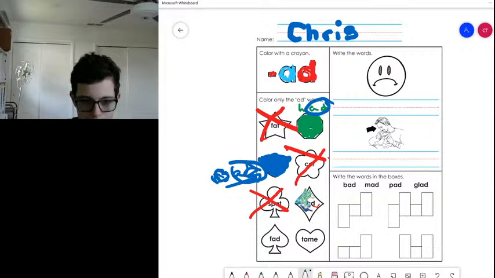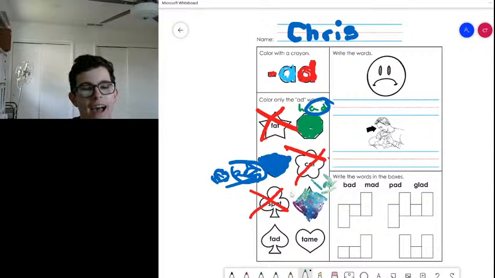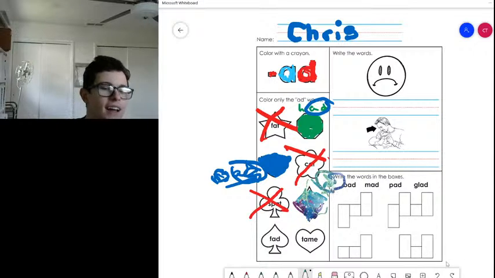Very fun to draw on. Fad. Just circle the suffix there. Alright, fad. Add.